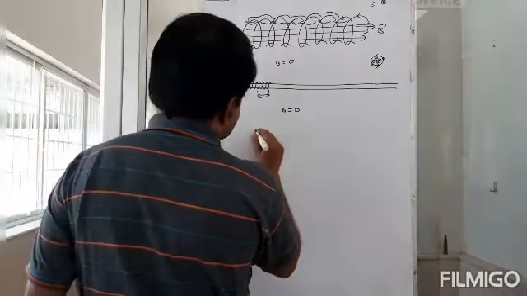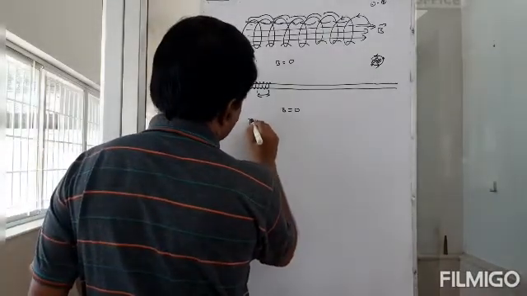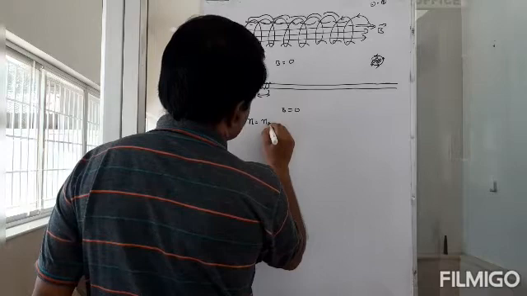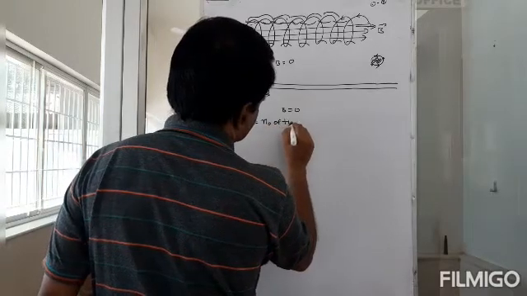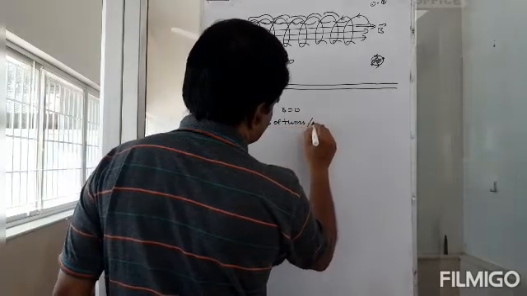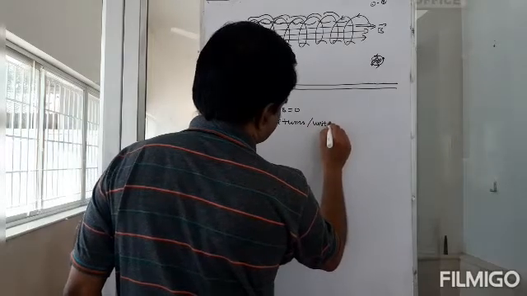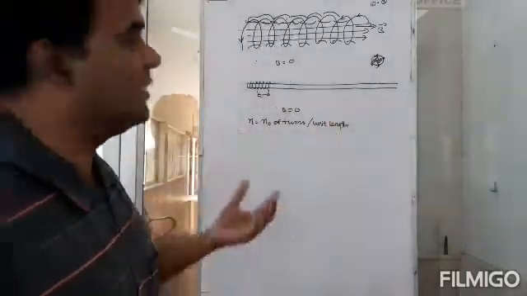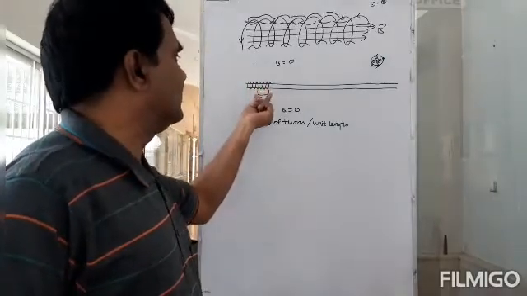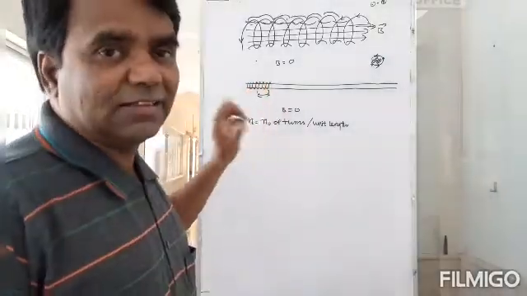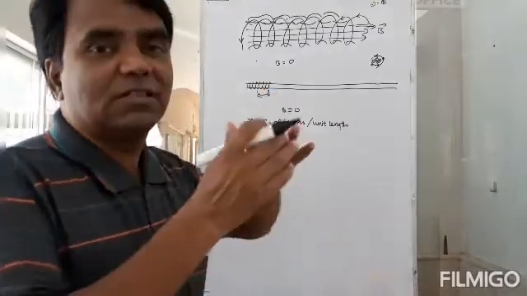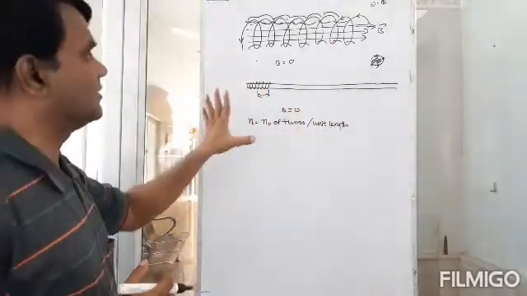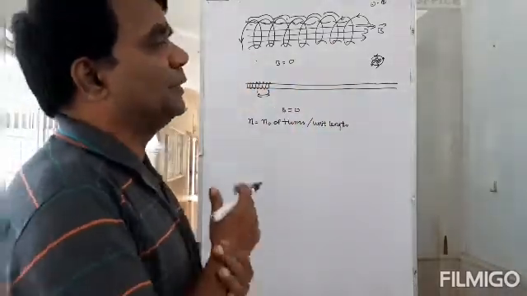So I'll say that n is equal to the number of turns per unit length. So if I need to find how many turns there are in any particular length L, then that would be n times L. Okay, so that is it.